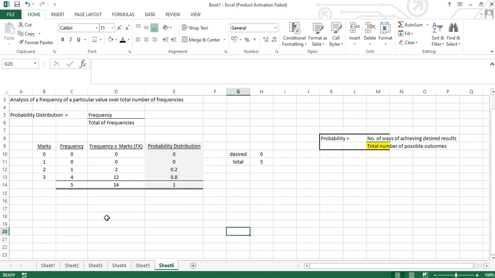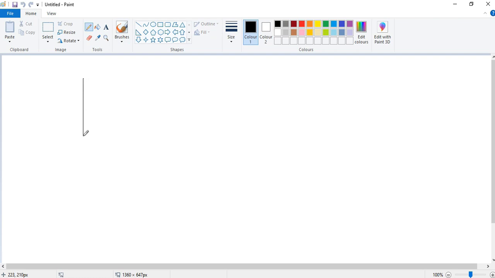Having obtained the probability distribution results, we have to draw the probability distribution diagram. Now your y-axis will be your probability distribution, P D, and your x-axis will be the frequency.